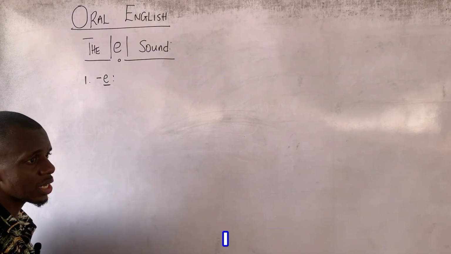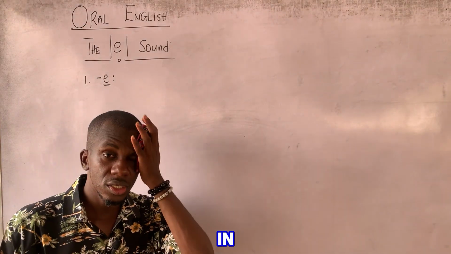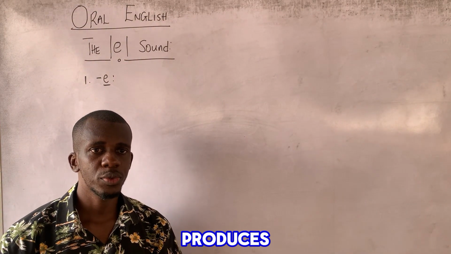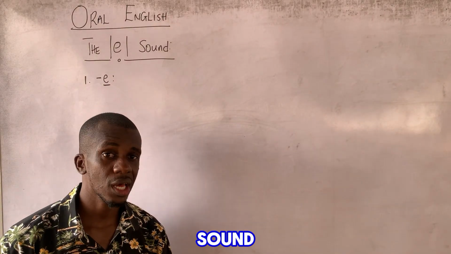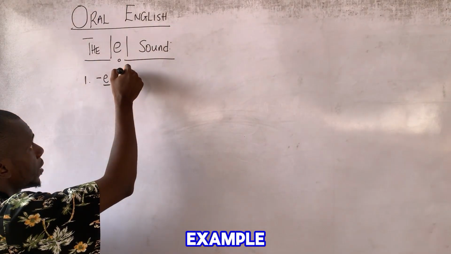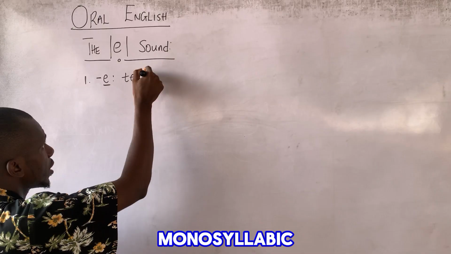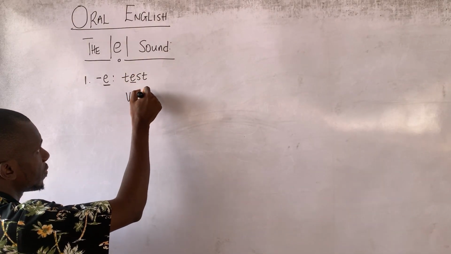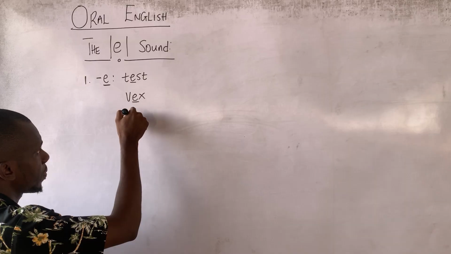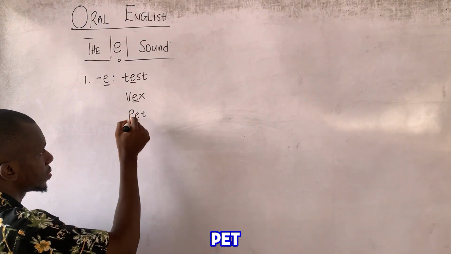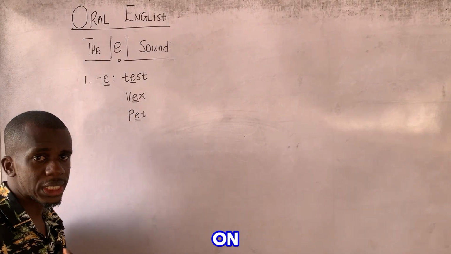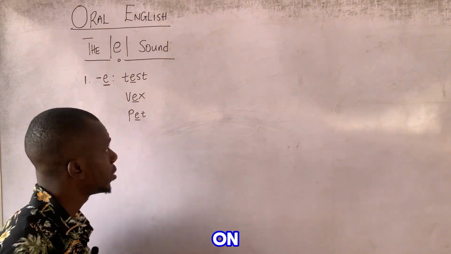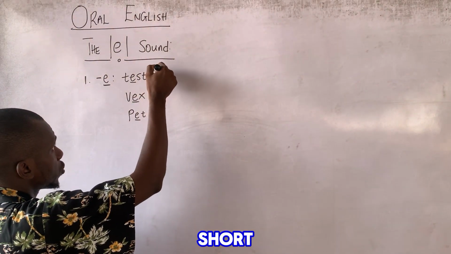When I have letter E in some English words, not all, the letter E produces the short air sound. For example, in most monosyllabic words like test, vex, pet, and so on, nest, next, net, I will have the short air sound.